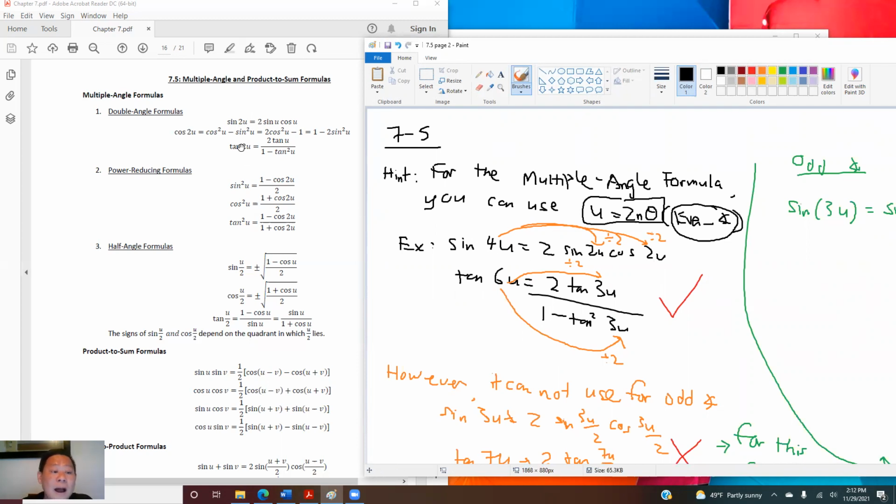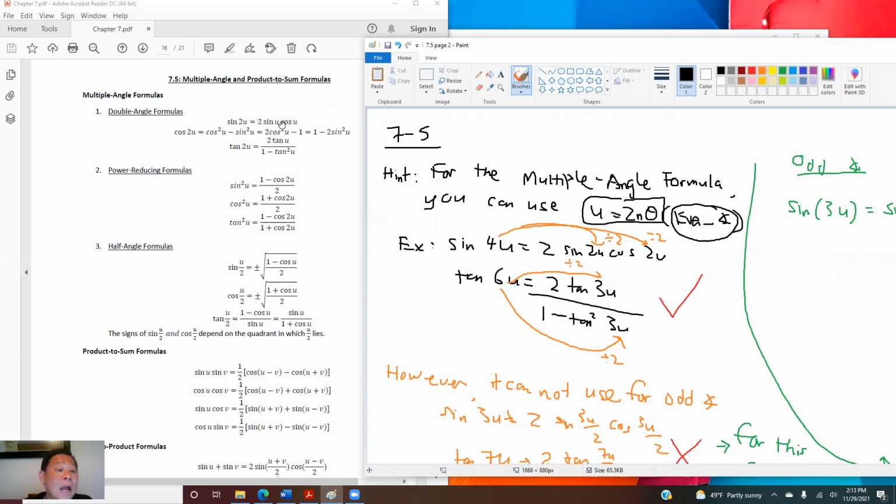Same thing happens if you want this to become an even angle: 2, 4, 6, 8, 10, 12, and so on. What you do is instead of using u here, you divide that by 2. If you use 6u, then this will become 3u. If you want to use 10u, then this will become 5u. So as long as you have an even angle, then this backside here will be divided by 2.